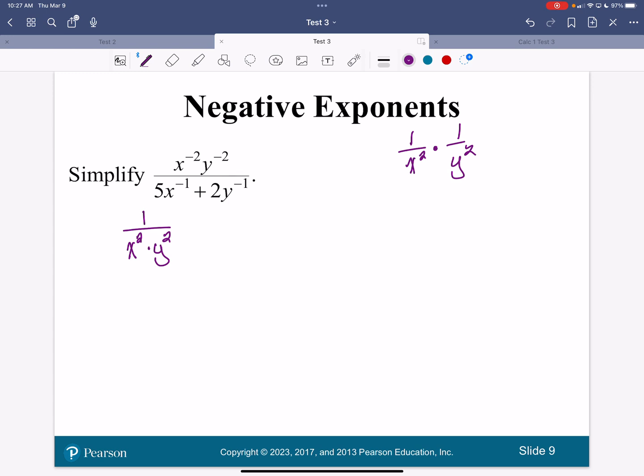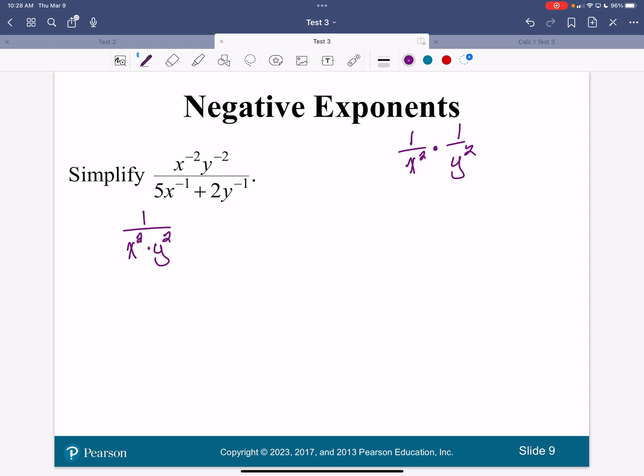But then it's multiplication, so we can just combine. Here, though, what is happening between these two? Addition. So we have to rewrite this as two different fractions. Here it's one fraction because of the multiplication. There, it's two fractions because we're adding.